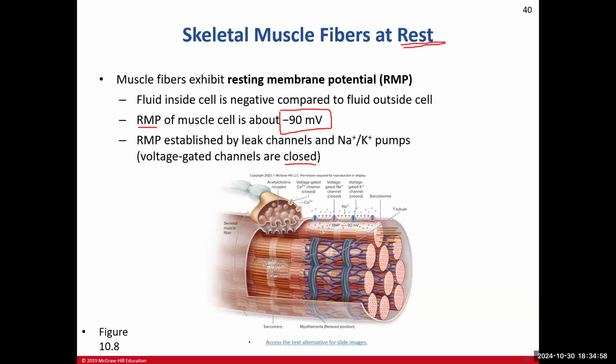So the same type of scenario applies to the muscle cells as we did with the neuron. At rest, we have an established resting membrane potential value, the leak channels are always open, and the sodium-potassium ion pump is always pumping. Same thing, nothing new. Are we good on that? I don't want to assume. Okay, so you can see again some of the players here. I'll zoom in.